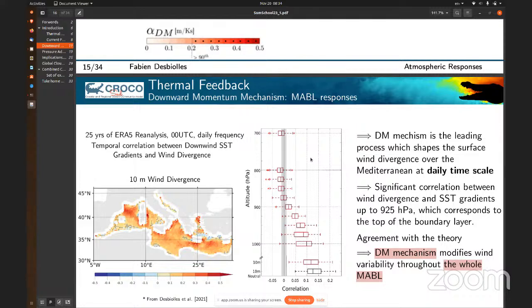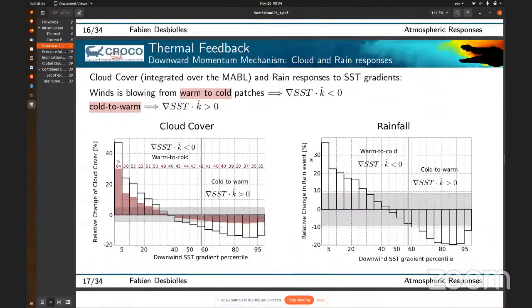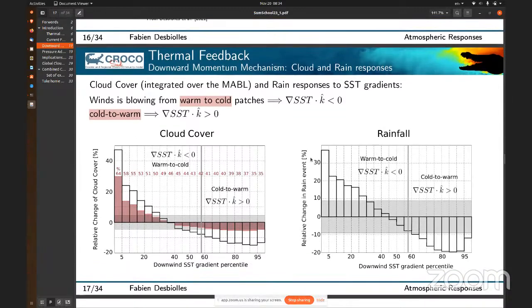Because all the bubble is affected, we can take a look at cloud and rain response. Here I show you over the Mediterranean, same area again. On the x-axis is the downwind SST gradient percentile.